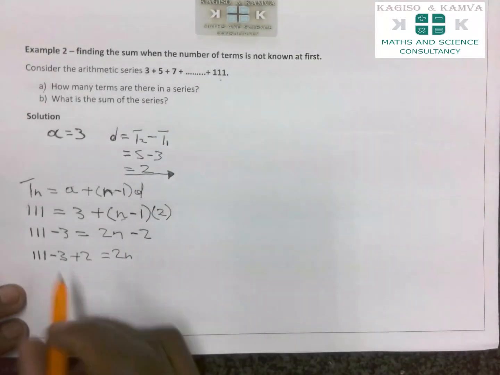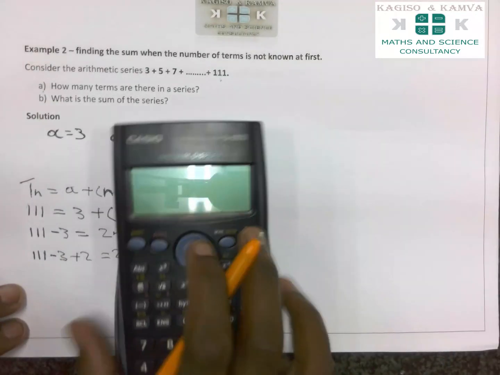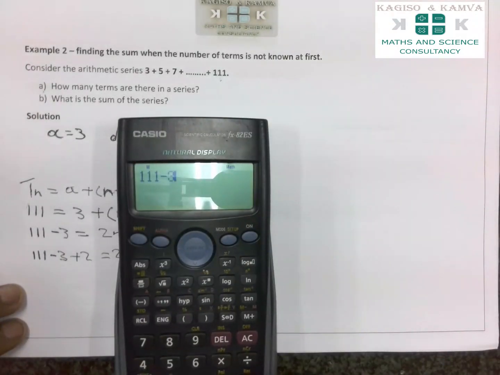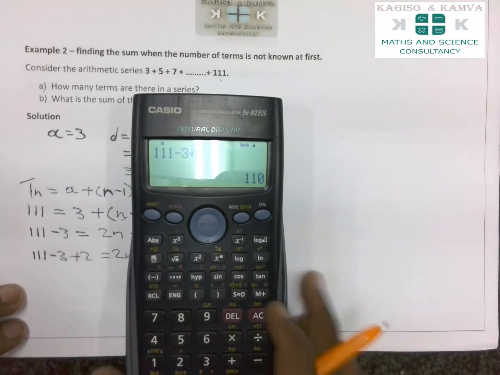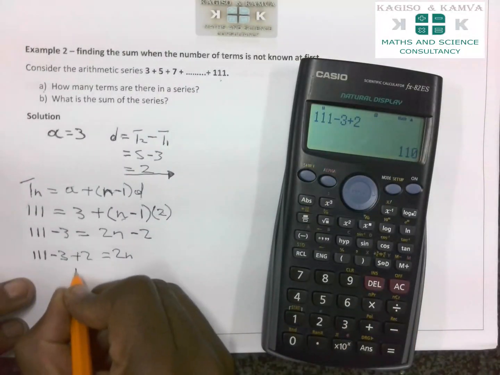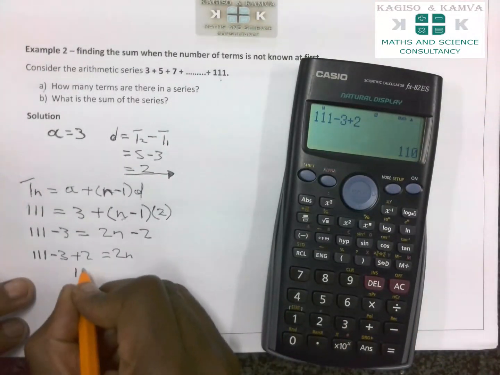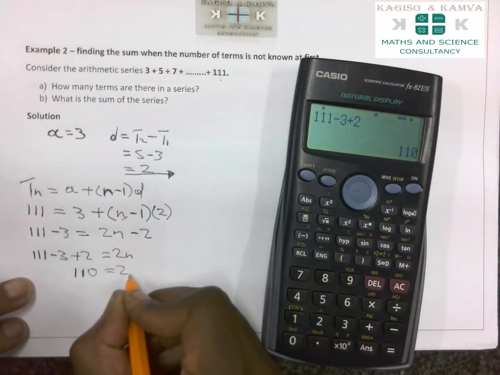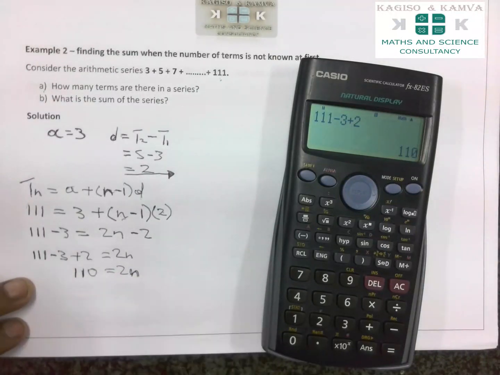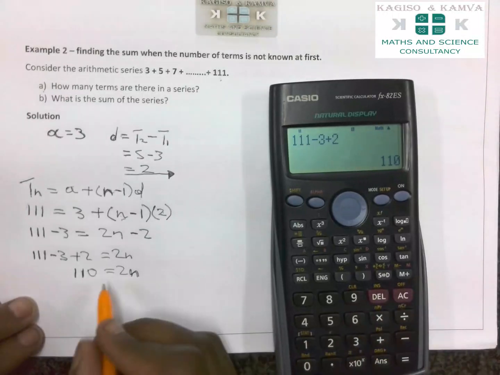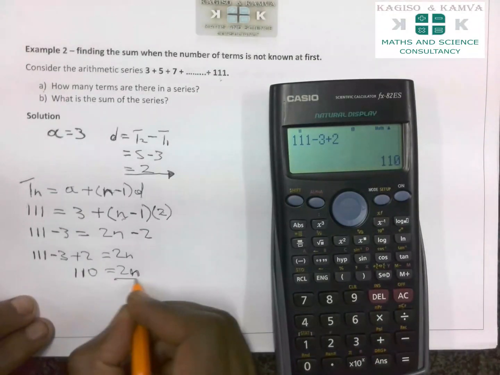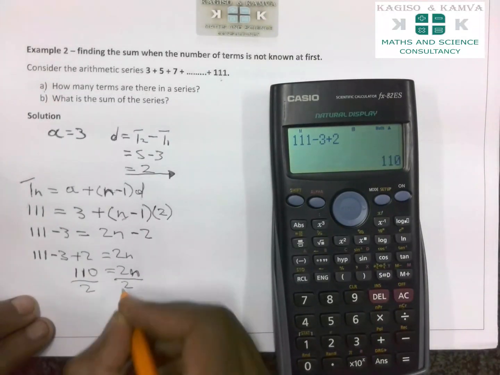So how much are we going to get there? We're going to have 110 is equal to 2n. We need to find n, so we divide both sides by 2.